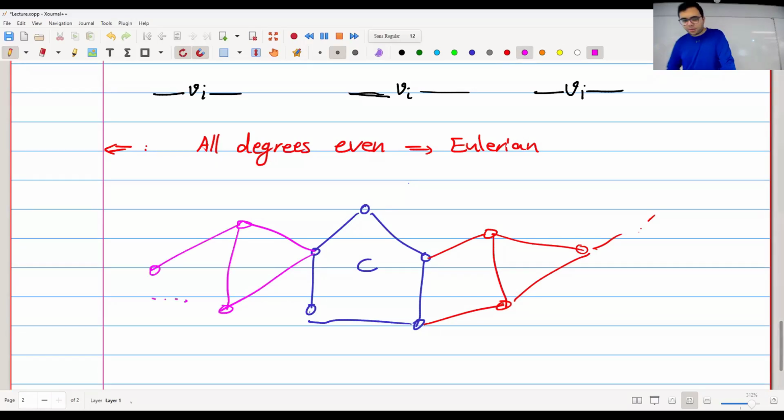And let's say it has a bunch of other vertices. So I cannot say that after I remove my cycle C, my remaining graph is Eulerian. But I can say that every connected component of the remaining graph is Eulerian, right? Because after I remove C, the remaining graph still satisfies the condition that every vertex has even degree.